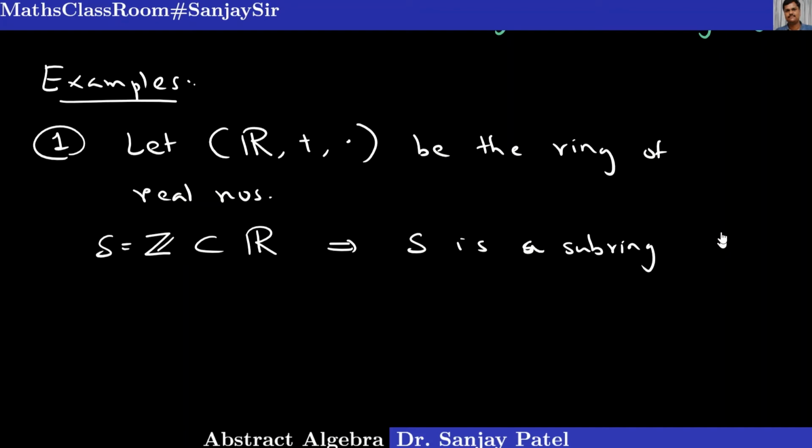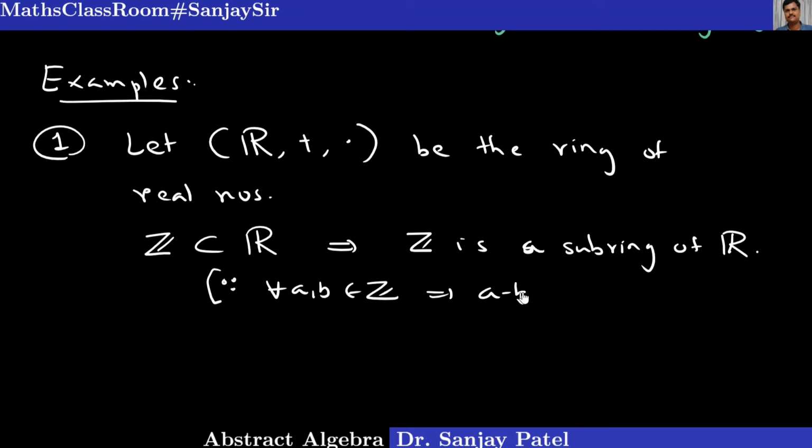If you take Z subset of R, then this Z is a subring of the ring of real numbers, because you know it satisfies both the conditions that for every A and B belongs to Z, means if you take any two integers, then A minus B is also an integer.